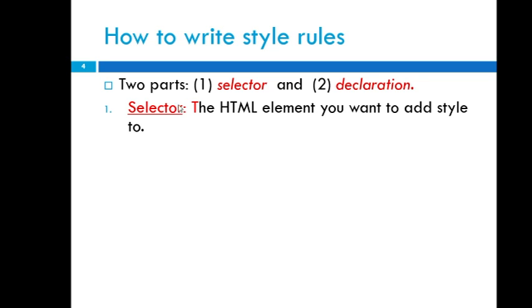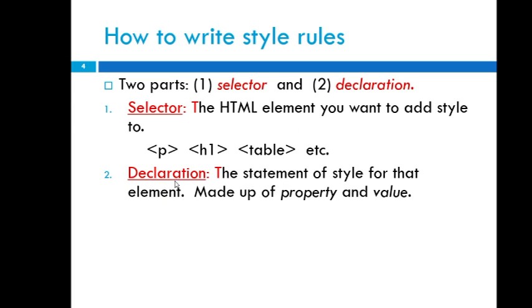For that you have to select any HTML element like P for paragraph, H1 for heading, T for table. You can use any HTML element. And then the declaration. The declaration means it will add style to the selector.